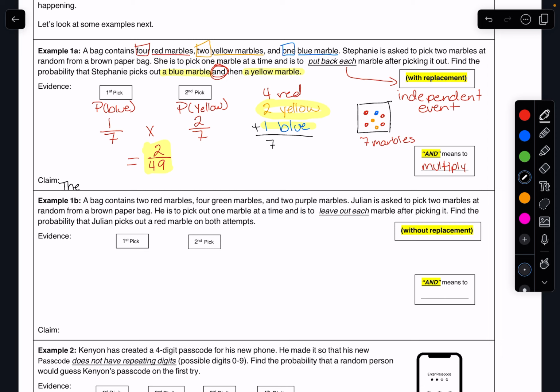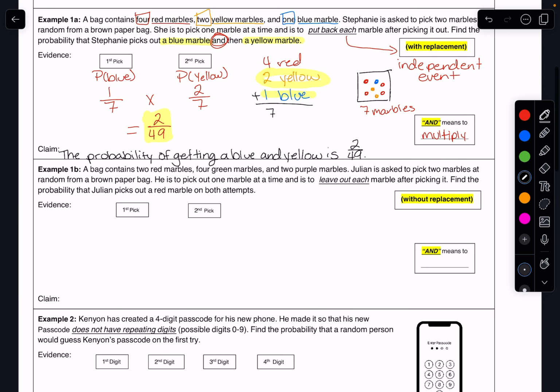So the probability of getting a blue and yellow is 2 out of 49. Okay, so that's like the ones that we did yesterday. Those are independent events which do not affect the one before or the one after.